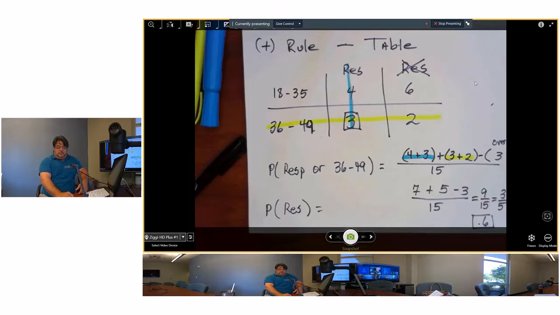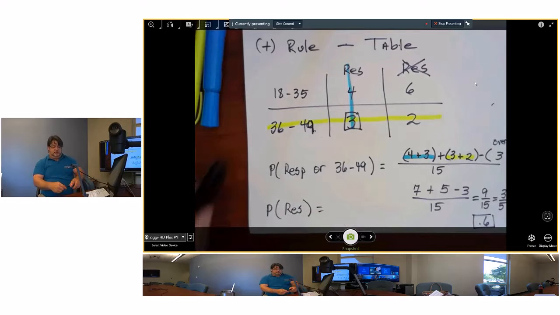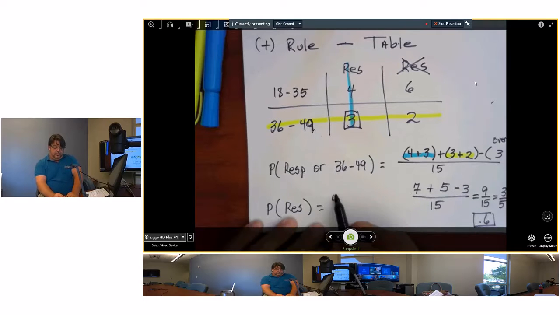No. You don't overlap. It's just the blue. So if there's no overlap, you don't have to worry about it. 4 plus 3 over 15, 7 over 15.